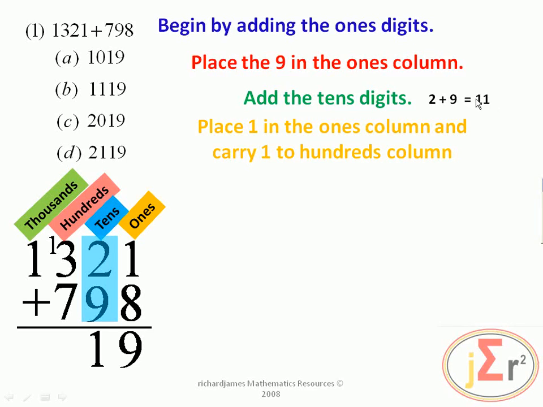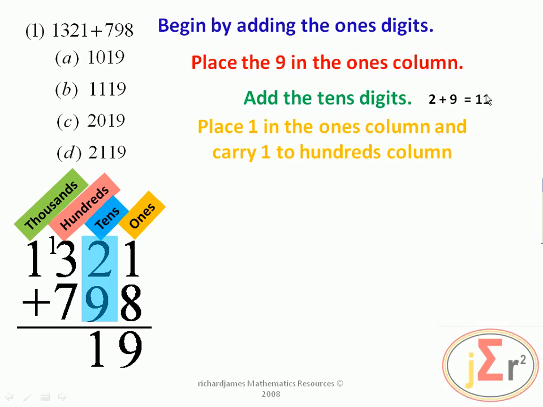Because if you are in the tens column, the rightmost digit in the tens column is the tens digit, and the one higher in place value will be the hundreds digit. So if we put the 11 right here, with a 1 here, the other one will go here, into the hundreds column, the one of higher place value.